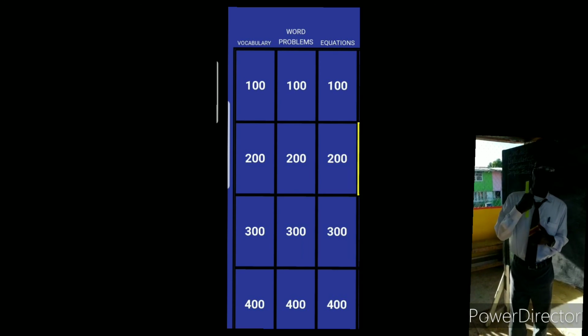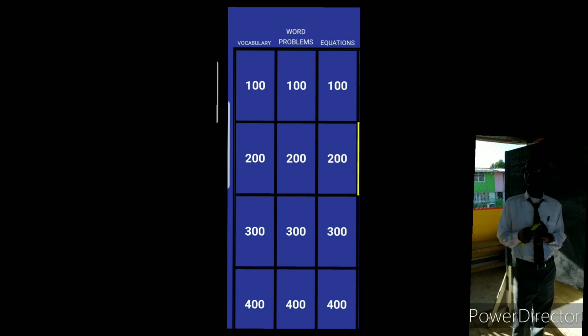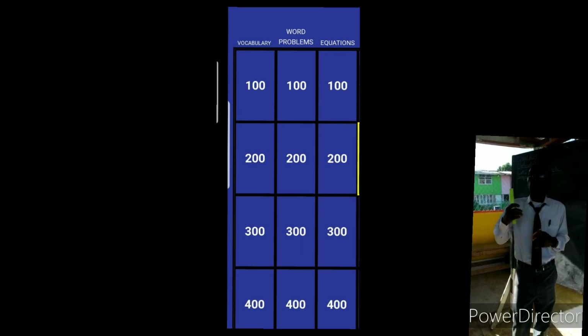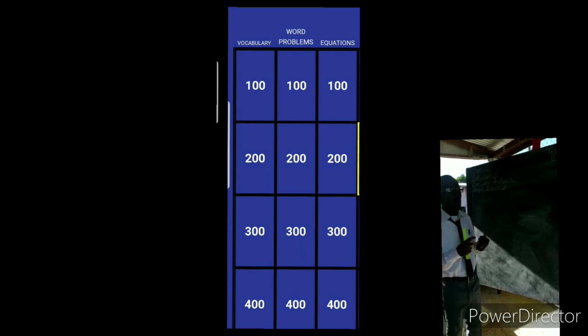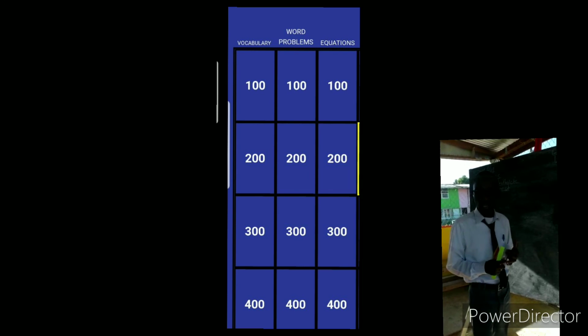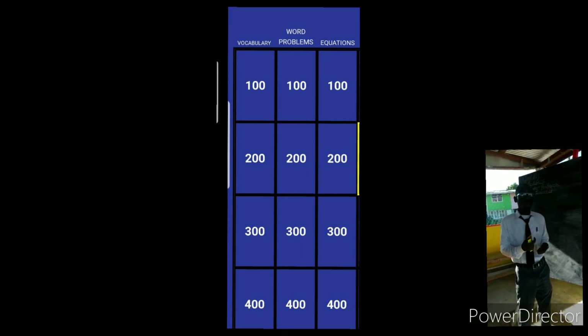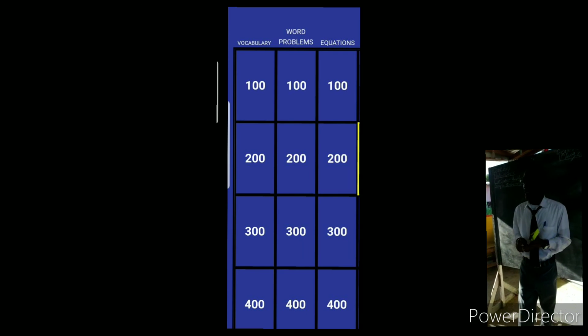That's very good. We'll remain in the groups that Miss Aretha placed you in, and we'll play a game of Jeopardy. This is how the game goes. You will choose a category from word problem, equation, or vocabulary. You choose the amount you want, the question pops up, and you answer.